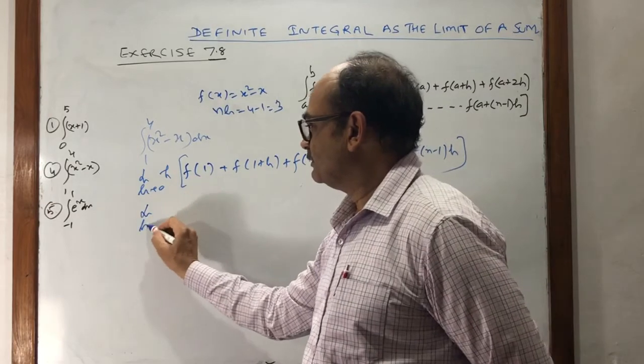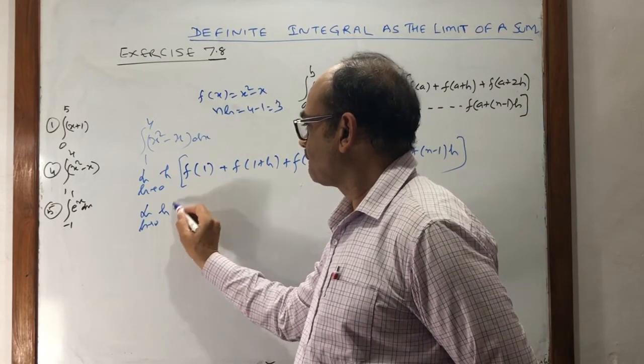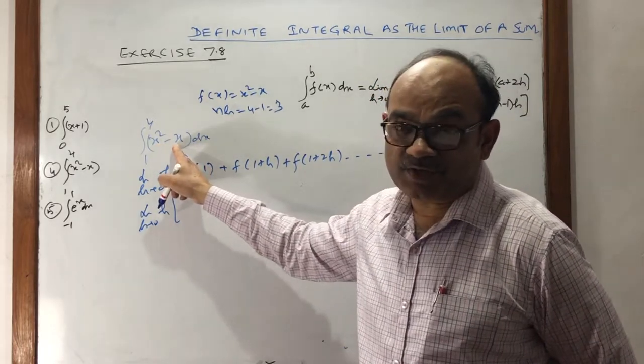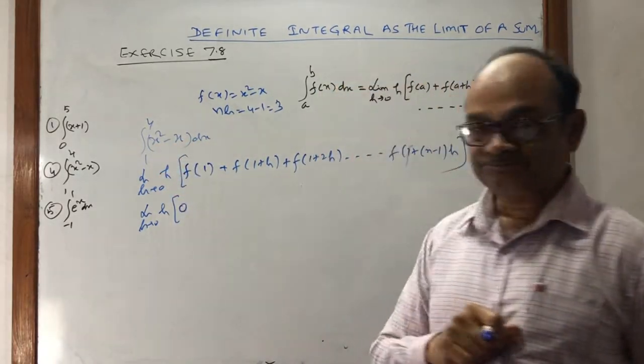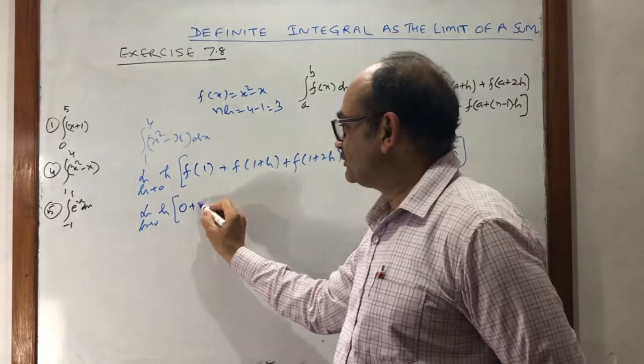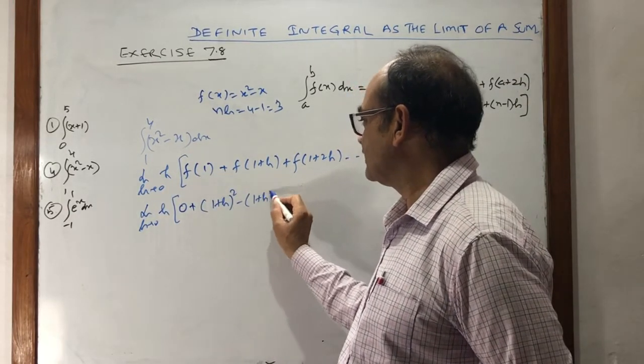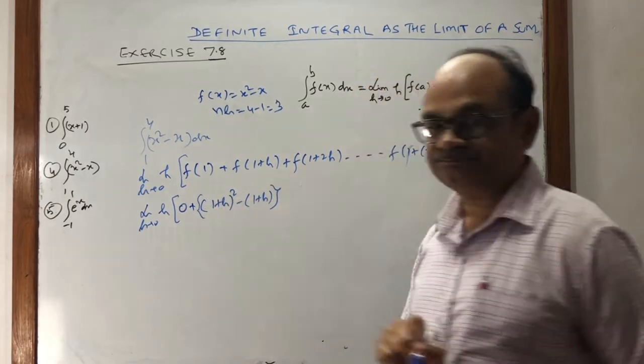First step: f(1). If we substitute 1 here, what are we getting? 1 square minus 1, that is 0. Then we take 1 plus h. So 1 plus h square minus 1 plus h is the second part.